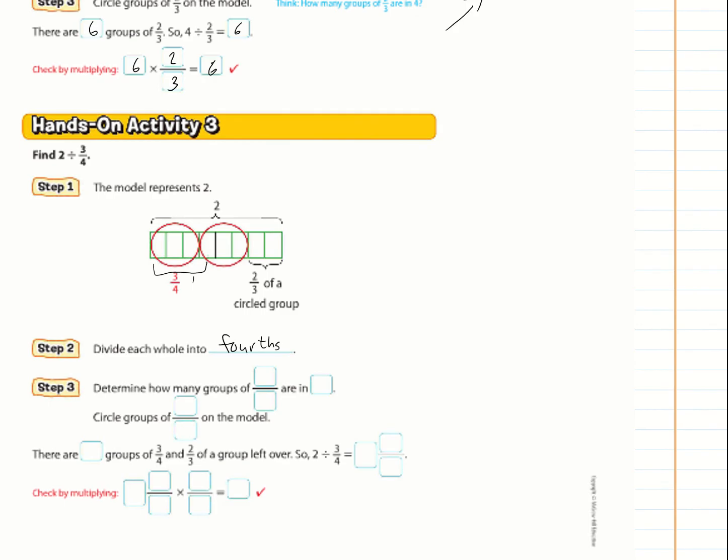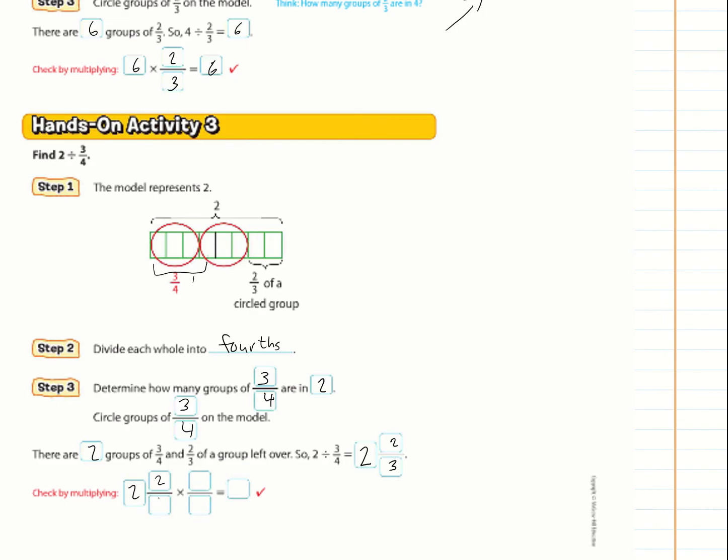How many groups of 3/4 are in 2? So we circle the 3/4 groups. There are 2 groups of 3/4 and 2/3 of a group left over. So 2 divided by 3/4 gives us 2 whole groups and then 2/3 left over.